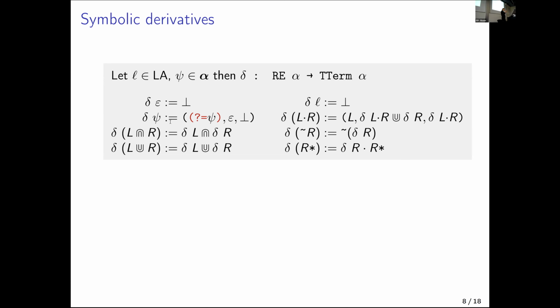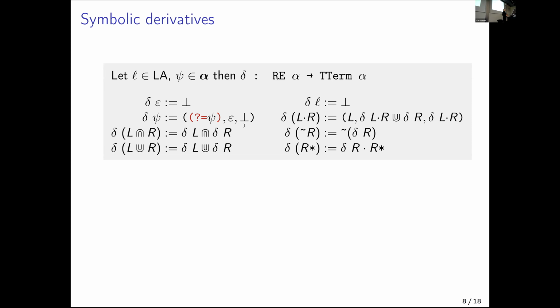So if we think of the intuition that when evaluating these trees, we test the nullability of the condition, we can see that if it's nullable, indeed, we end up in a state which is nullable, and if it's not, we end up in a state denoted by bottom.